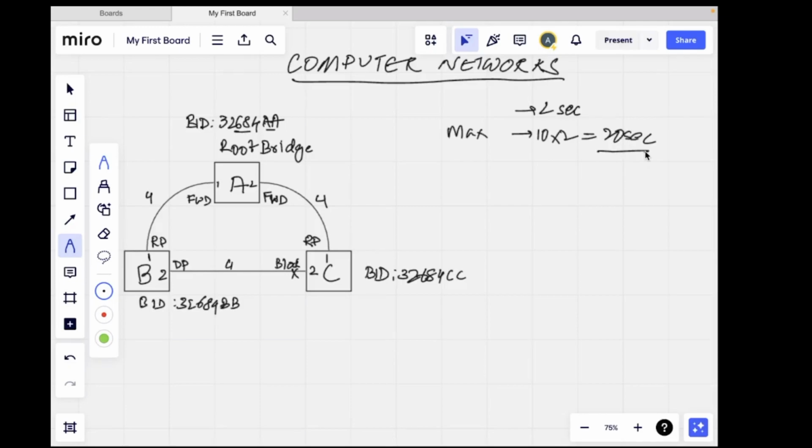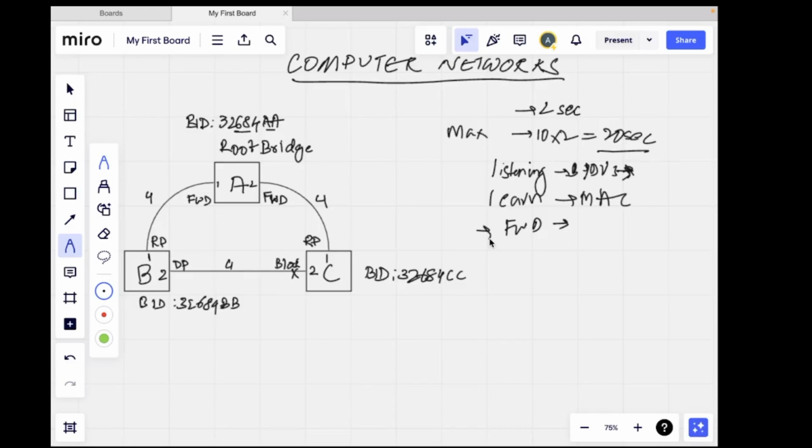Once the link is down, interface 2 on switch C will go into listening mode, where it will listen for BPDUs to get information. Then it will be in the learning stage to learn the MAC addresses, and then it will go from blocked state to forwarding state.